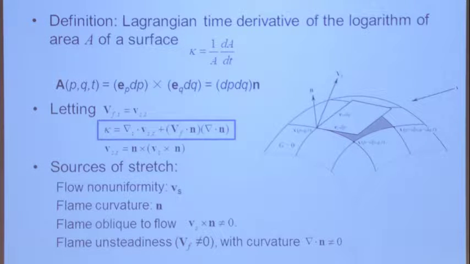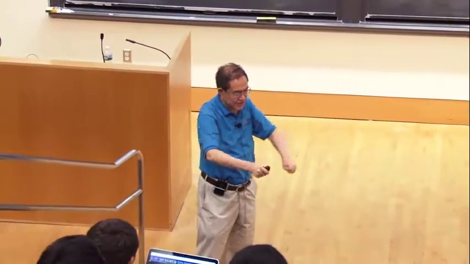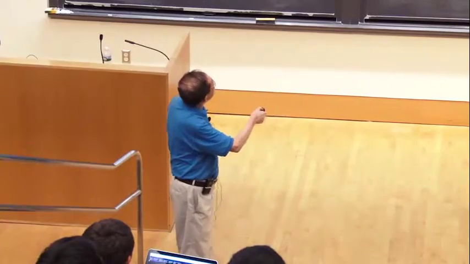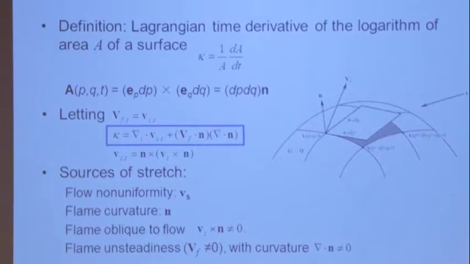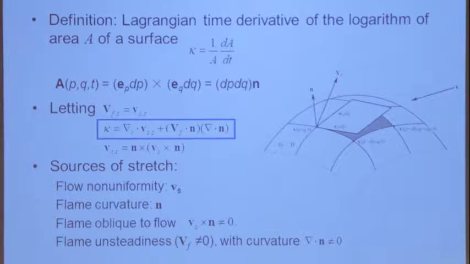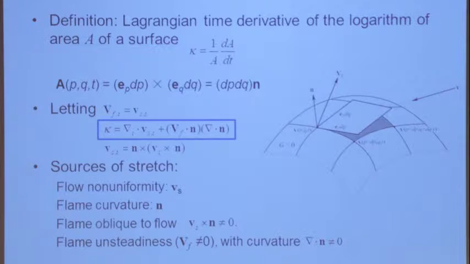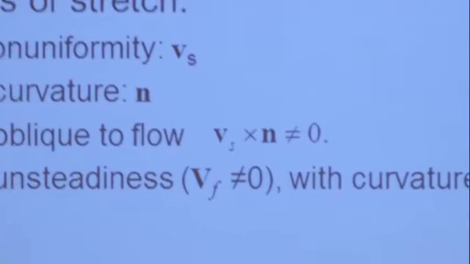I don't have time. But what this means is that a flame can be subjected to stretch, meaning the surface area changes, by flow non-uniformity, obviously. By flame curvature, it can also change its surface. By its movement, it can change its surface. But also the flow has to be oblique to the flame in order to stretch it.